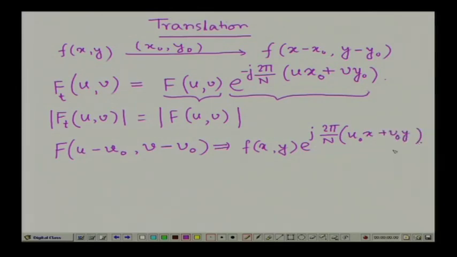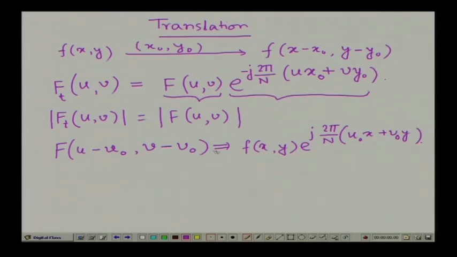This can be derived in the same manner in which we have done the forward Fourier transformation. So, if f(x,y) is multiplied by this exponential term, then in the frequency domain, its Fourier transform is simply translated by the vector u naught, v naught. So, what we get is F(u minus u naught, v minus v naught).